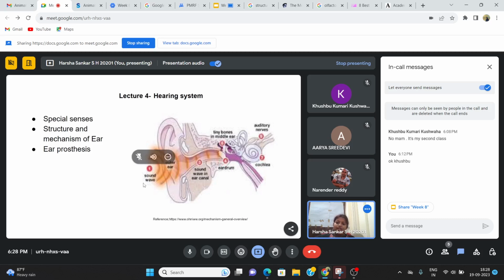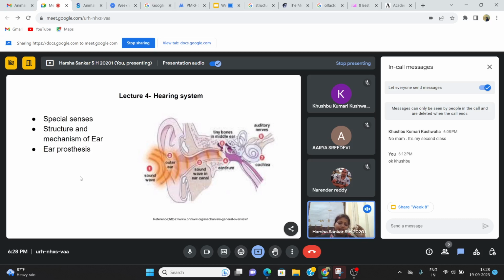Then the sir also mentioned one important application, that is ear prosthesis. Suppose in some case everything up to before the auditory cortex, all the parts coordinating the direction of the sound waves, gets damaged.